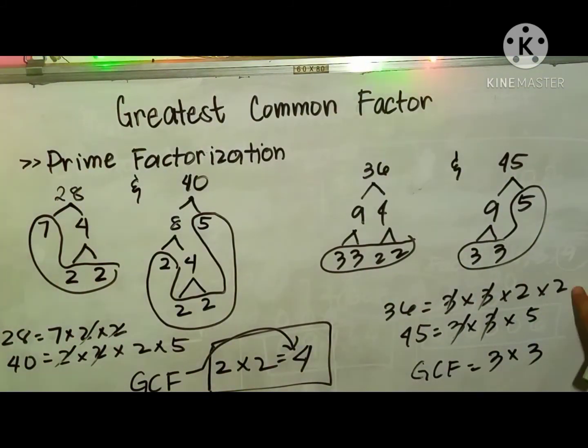May 5 dito, wala ditong 5. Okay po. So, ang natira lang natin na pair ay dalawang 3. So, 3 times 3 is equal to 9. Therefore, our GCF is equal to 9. Okay po. So, gumamit man tayo ng prime factorization or gumamit man tayo ng listing method, we will come up to the same answer po.